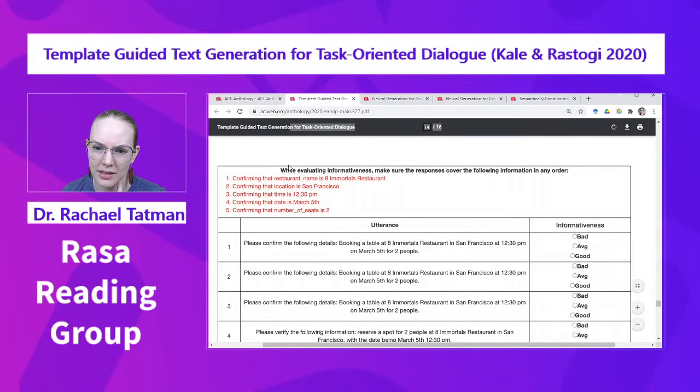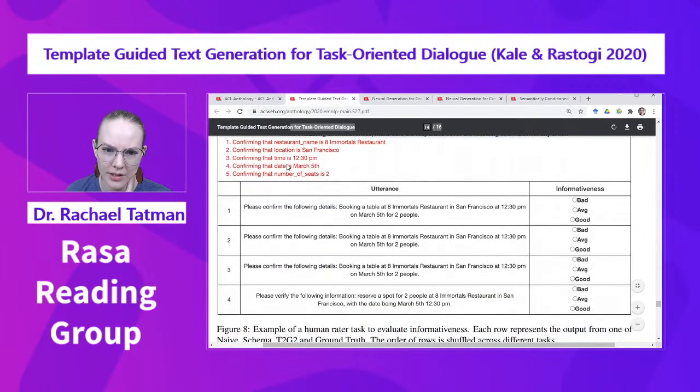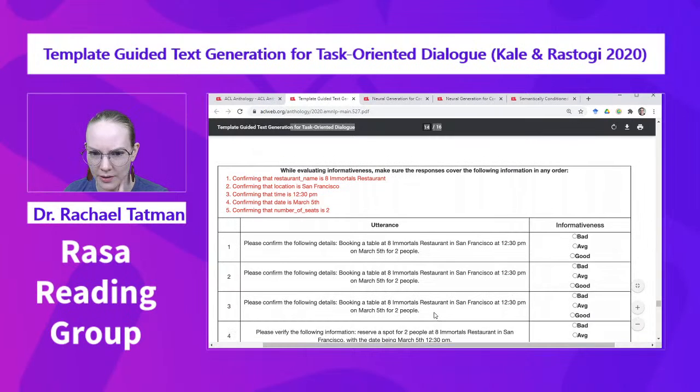Please confirm that the responses can cover the following information in any order. Ada Immortals, San Francisco, 12:30, March 5th, 2 people. Ada Immortals, San Francisco, 12:30, March 5th, 2 people. 2 people, Ada Immortals, San Francisco, March 5th, 12:30.